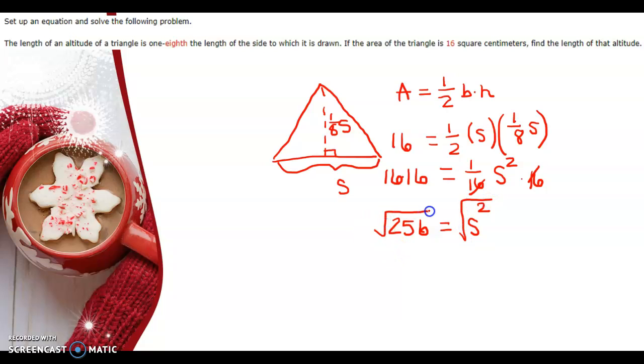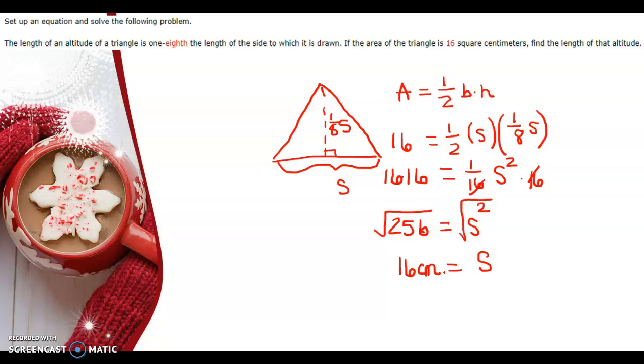And as we said in a previous example, every positive number has 2 square roots, but we're solving for the side of a triangle, which cannot be negative. So the only possible length of the side of that triangle would be 16 centimeters.